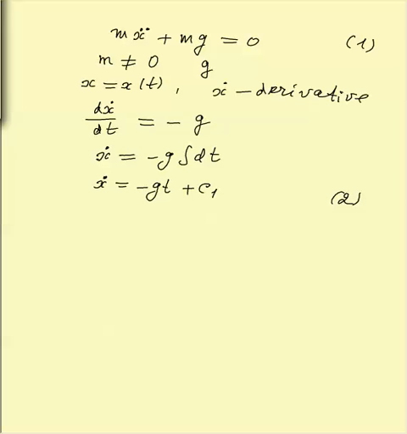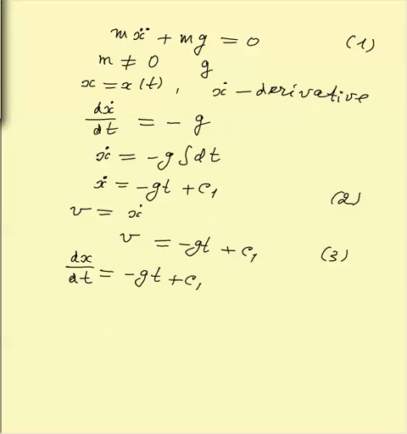Equation 2 gives the following expression for the velocity: v equals x dot. So from 2 we have v equals minus g times t plus c1. Equation 3. Now we integrate equation 2. We write it in the form dx dt equals minus gt plus c1.